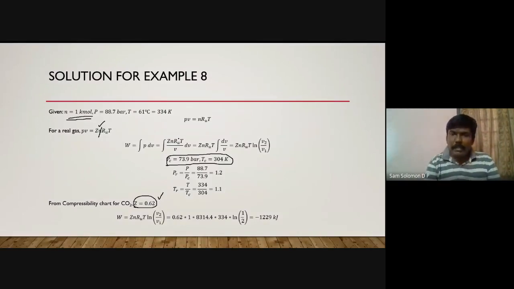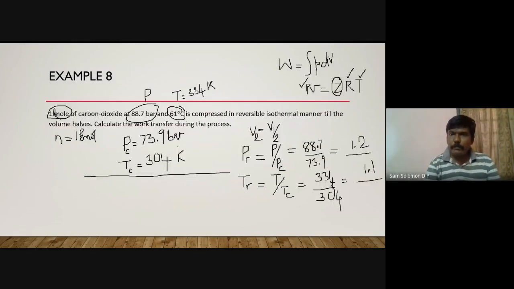So in the previous slide, when I say PV equal to ZRT, in this particular case, because the moles is given, PV is equal to Z times N RU into T. You have to be very careful. I have overlooked this.